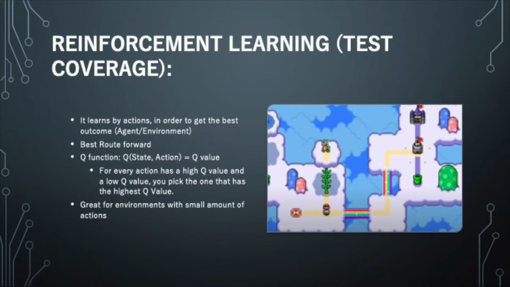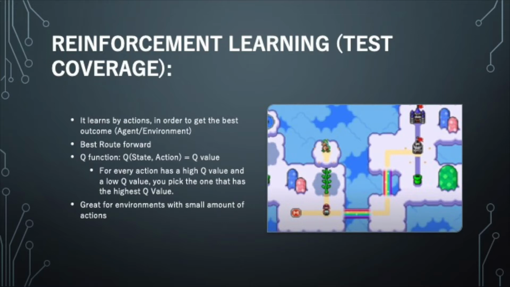The agent's job is to find the best route to get to the goal. How it does this is by using what's called a queue function. The queue function will take the agent's state and actions available to the agent at its current state and calculate what's called a queue value.